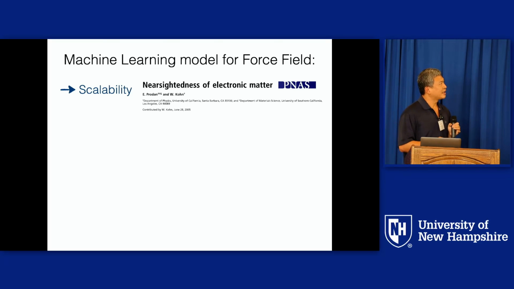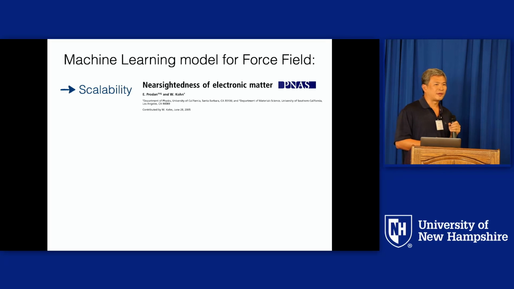And fundamentally, scalability comes from the locality principle, or what Walter Kohn called the nearsightedness of electronic matter. So as long as your system exhibits this kind of locality principle, then you can try to use machine learning to achieve large-scale simulations.